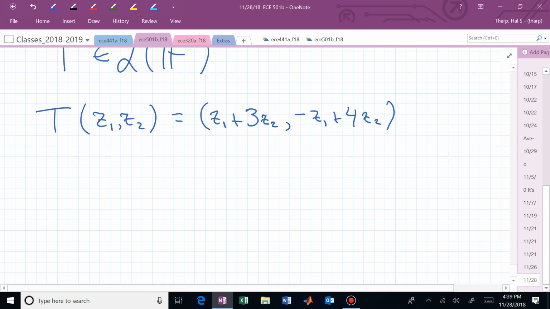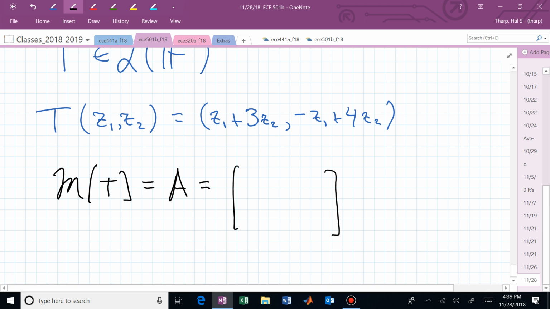Now we should all be very comfortable writing down the A matrix, where I'm defining the A matrix to be the representation of that linear operator. What does that look like? It's square. It's mapping a 2-vector into a 2-vector.